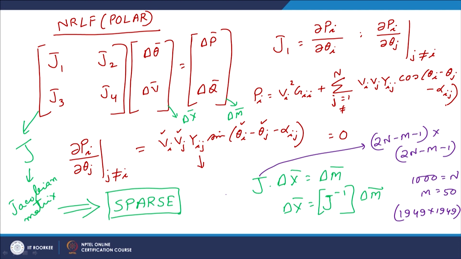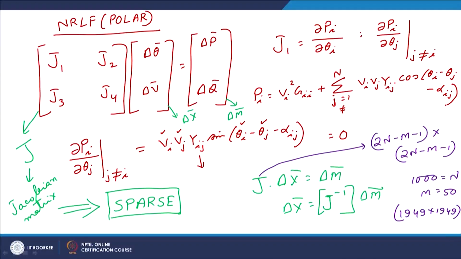So, here we have two issues. One issue is that we have to unnecessarily store the J matrix where more than 99% elements are 0, which is not necessary. Secondly, we have to also invert this big matrix, which is a highly computation intensive task, and subsequently store this completely full matrix.